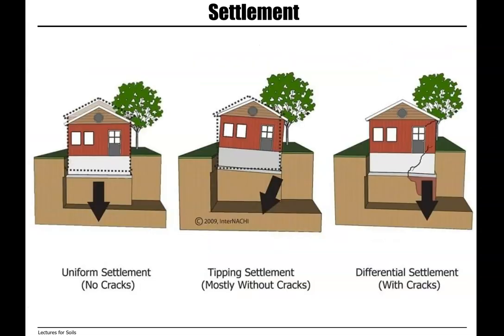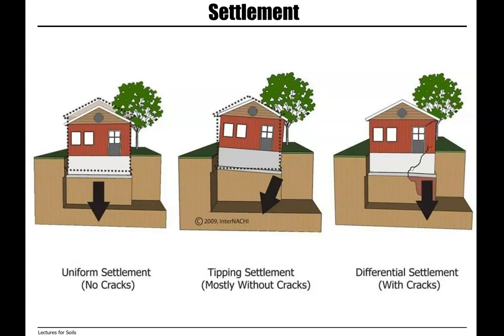Another type of failure is settlement. Settlement is downward movement of a structure, and it's caused by movement of soil particles. So we can have uniform settlement, tipping settlement, and differential settlement. The most critical type of settlement in a structure is differential settlement.